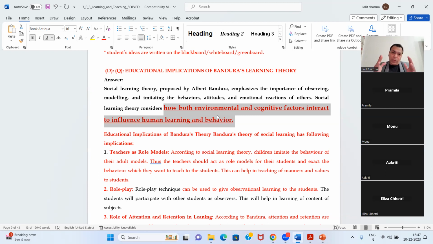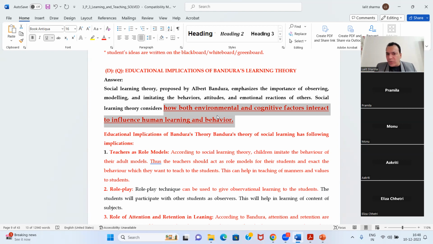But actually, they belonged to the behaviorists. They believed that they can modify the behavior of the student by external force. They didn't talk about the cognitive, the feelings, memories, emotions that play an important role in learning also. That's why they are called behaviorists.